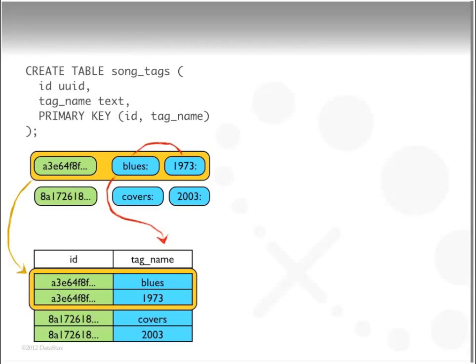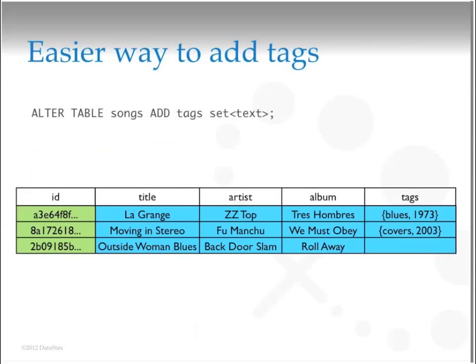Before that, before the one more example, one of the things we added in 1.2 is collection types. So you can define columns to be lists or sets or maps, which gives you an easier way to denormalize than pulling things out into a separate column family.